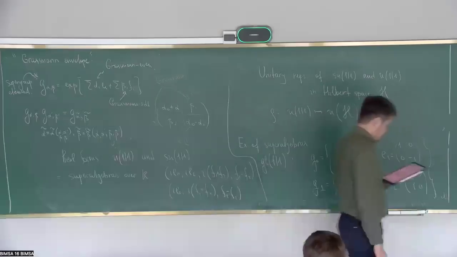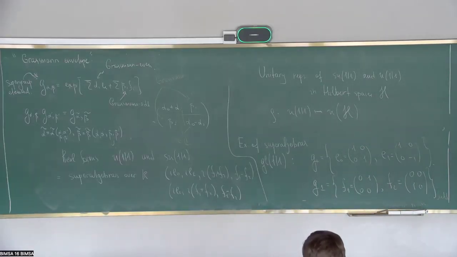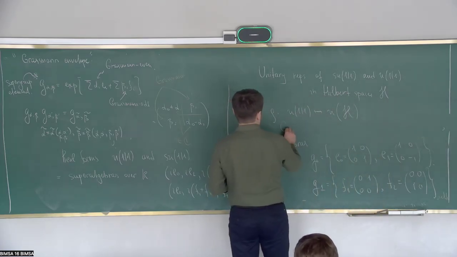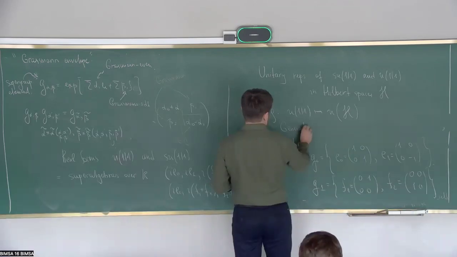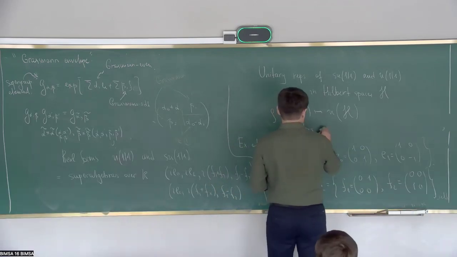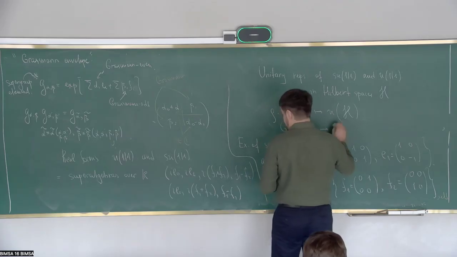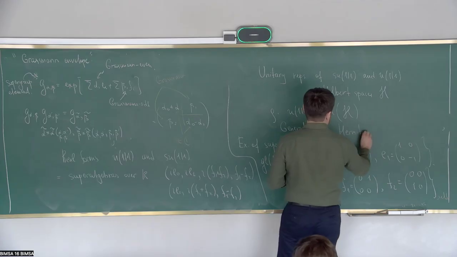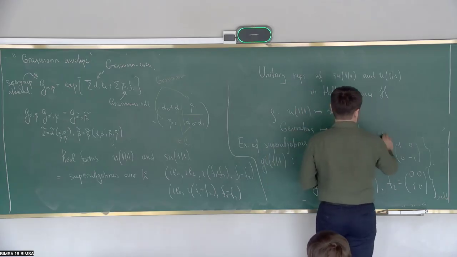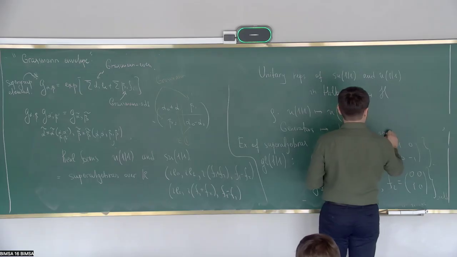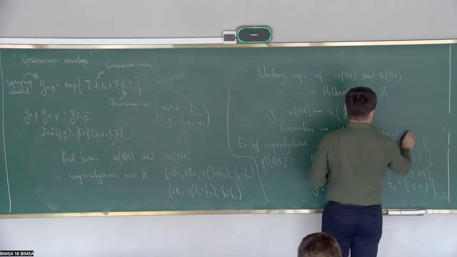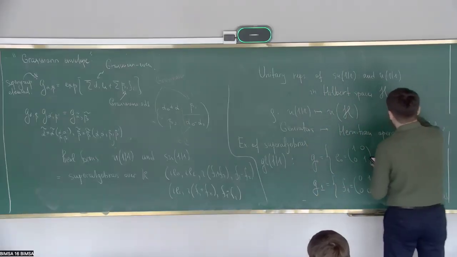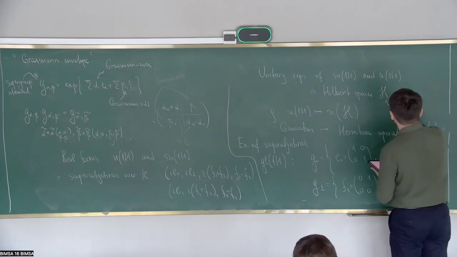That means that the generators are represented by some Hermitian or super-Hermitian operators. So the generators are mapped to Hermitian operators. We will always like to work with Hermitian operators with respect to some scalar product in the Hilbert space.